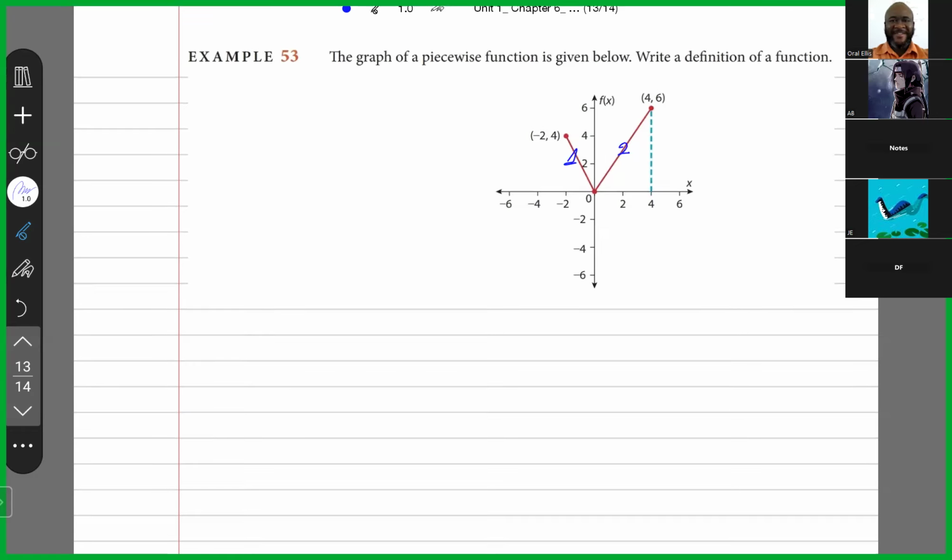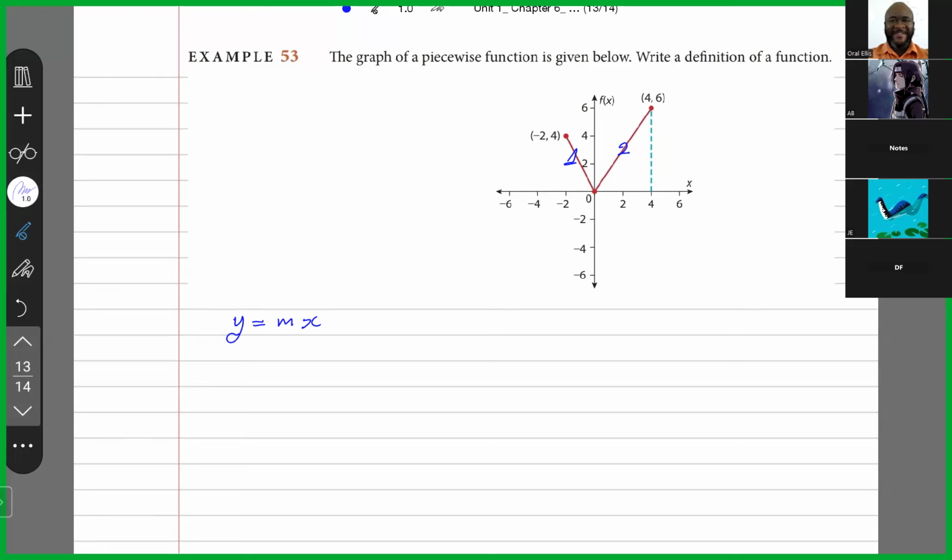And the format of all linear graphs that pass through the origin is this. y is equal to mx is the form of all linear graphs that pass through the origin.